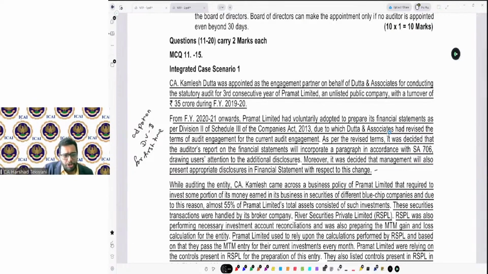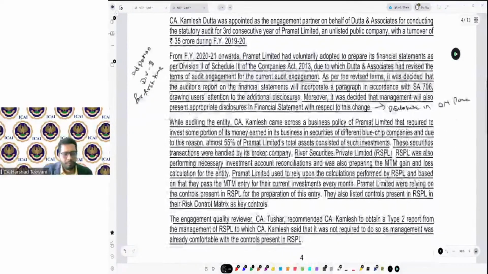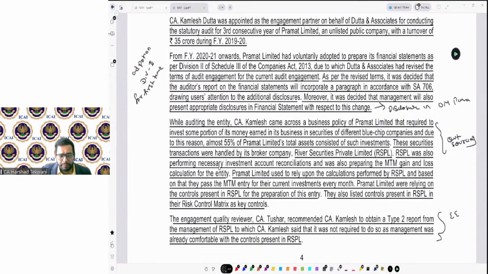Then there is a disclosure in the other matter para. This is outsourcing, and service entity related things. So Type 2 report, service entity.